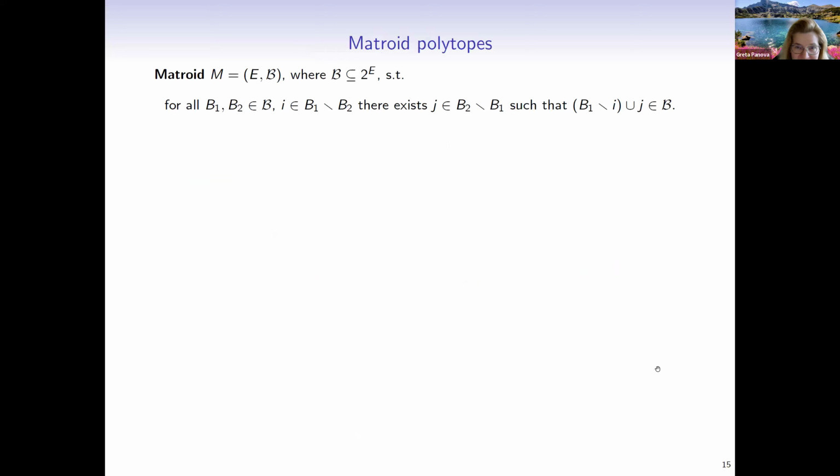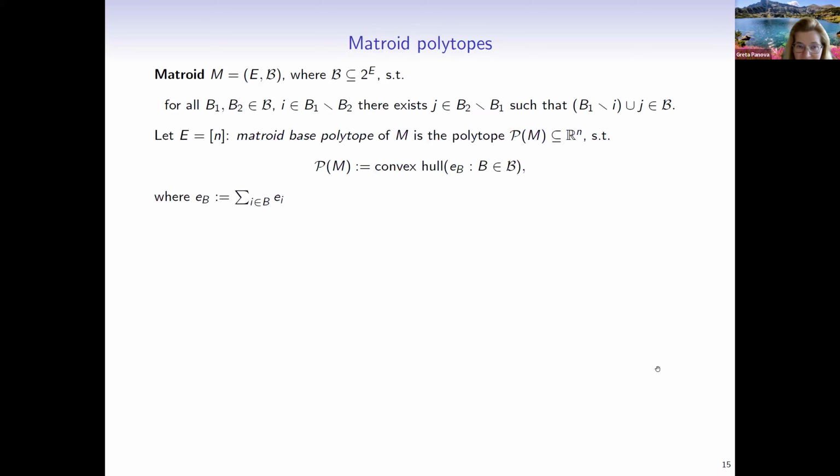I will just mention matroid polytopes since you guys like matroids. I don't think I need to define what a matroid is for this audience. But basically there are these bases, which are subsets of elements satisfying various exchange conditions.